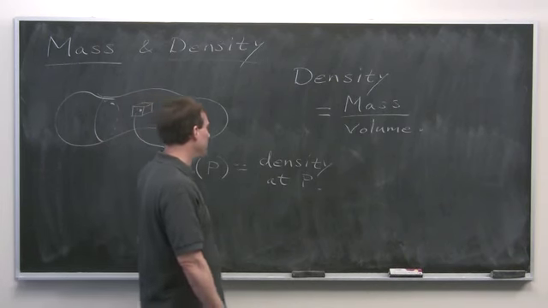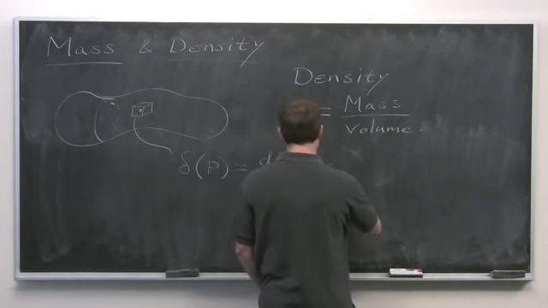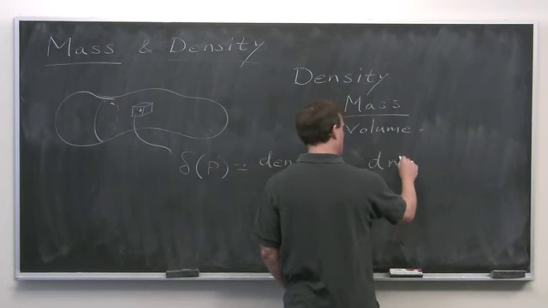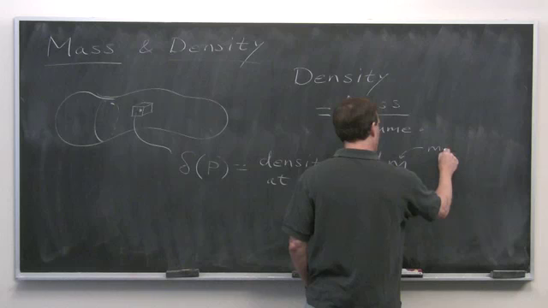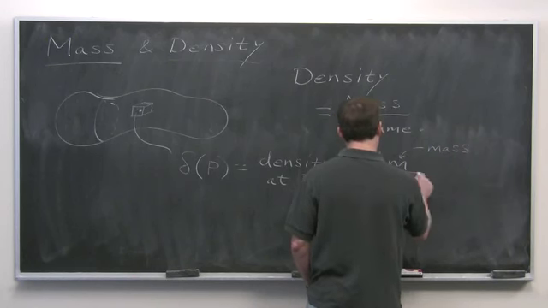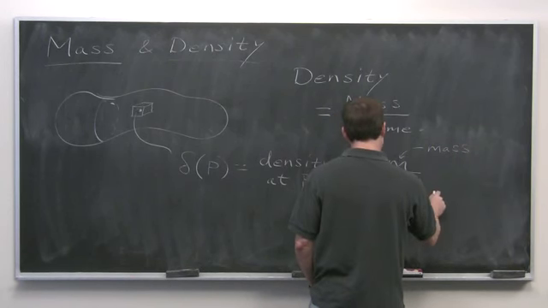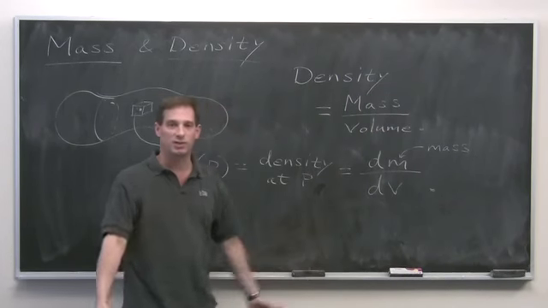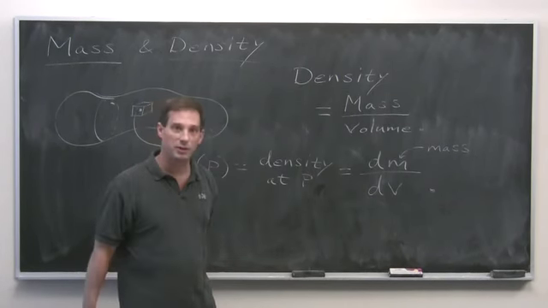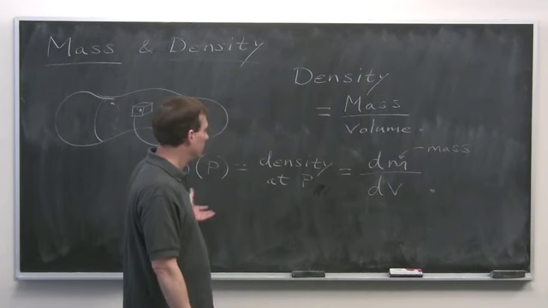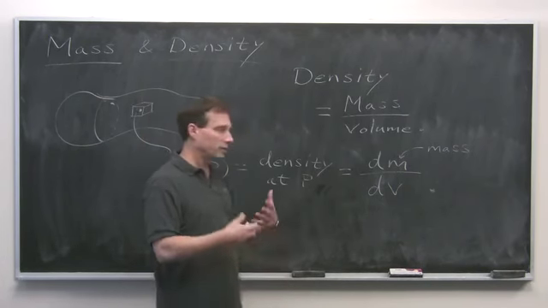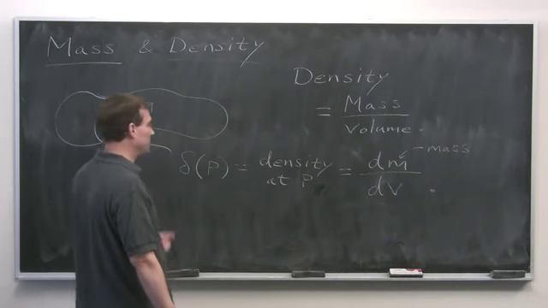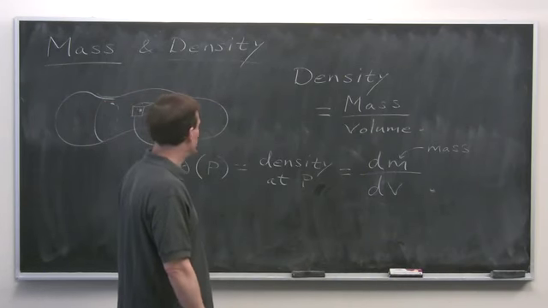And what it means is you should think of it as the instantaneous rate of change of mass with respect to volume. So yeah, density is mass per volume. If the density is constant, you just take the total mass divided by the total volume. But in a calculus class, you take instantaneous density, the density at each point, defined in this limiting way.